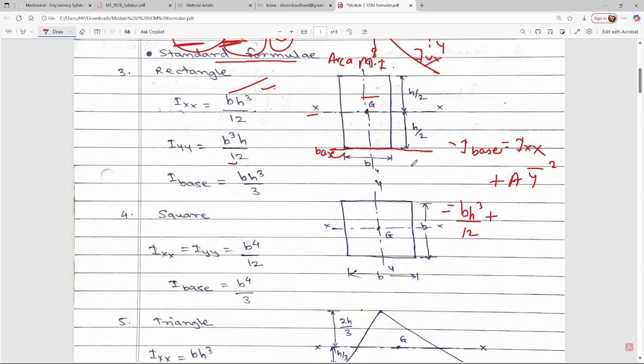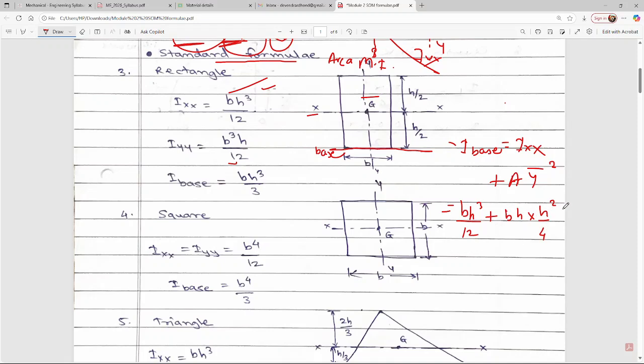Then plus what is the area of the rectangle? b into h. Next, what is y bar? From this base to that centroidal axis, the perpendicular distance between them is h by 2. But we have to take the square of that, so h square by 4.